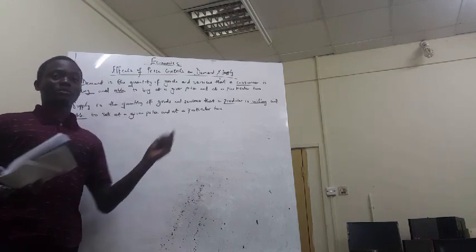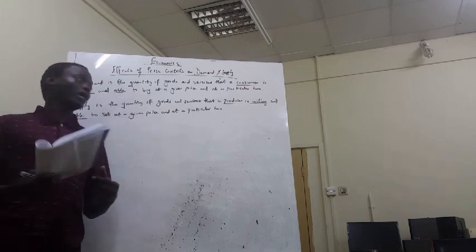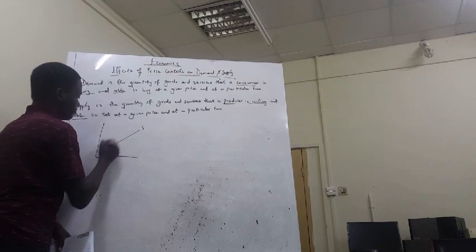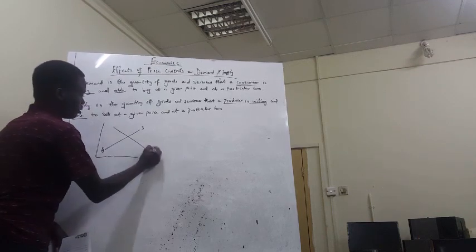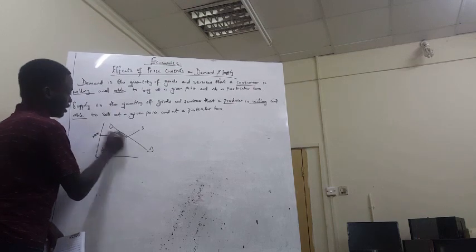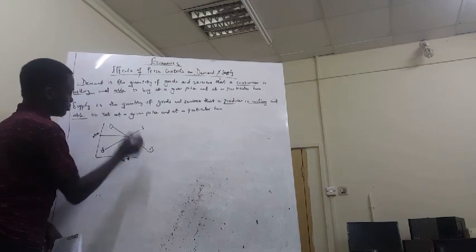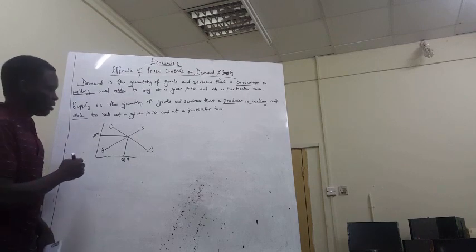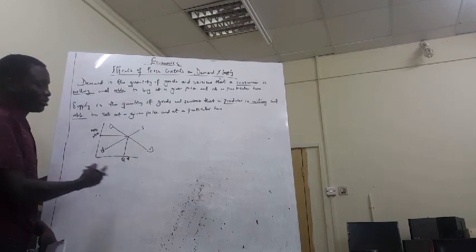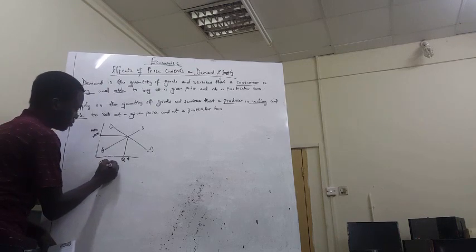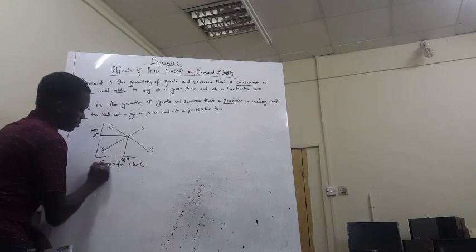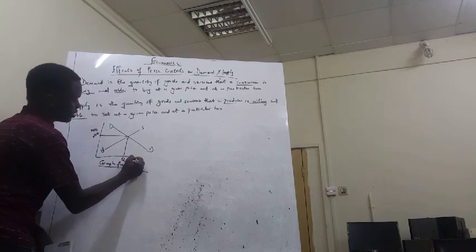That is when we have the force of demand and supply meeting at a point. This is your supply curve. This is your demand curve. So you have this place called equilibrium price and equilibrium quantity. Let's assume that this price is 400 naira, and let's assume that this graph is for shirts, and that the equilibrium quantity is equal to 20.